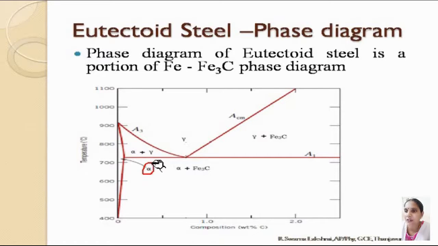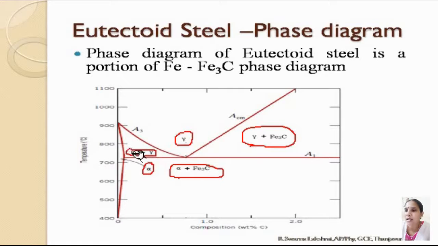One is the alpha phase, another is the gamma phase, and the cementite phase lies at 6.67, but since it is a straight line, you are having the two phase regions, gamma plus cementite, alpha ferrite plus cementite, and alpha ferrite plus austenite.